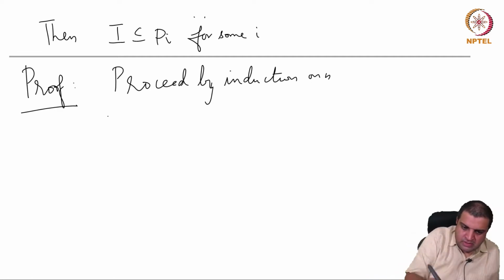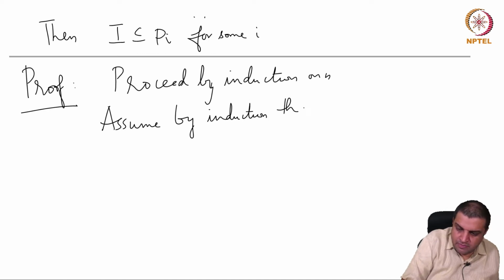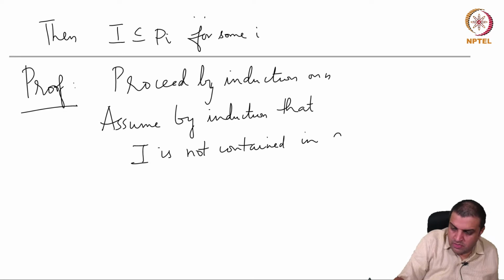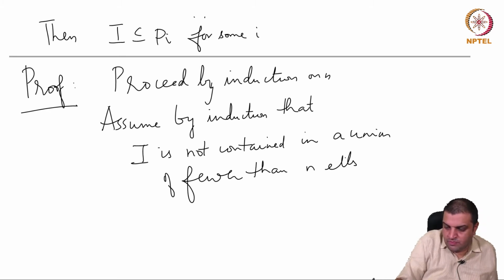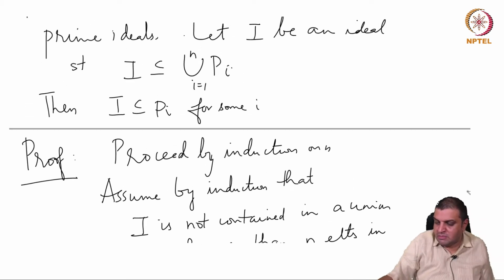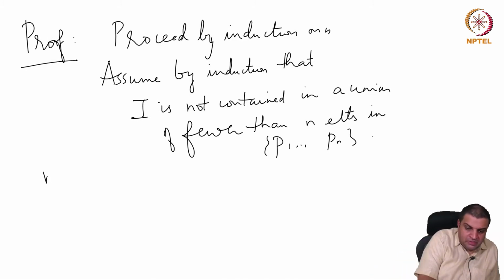So we assume by induction that I is not contained in a union of fewer than n elements among P1 through Pn. Because if that were the case, then by induction we would know this, so we can assume that it's not contained in any. So what happens when n is equal to 2?